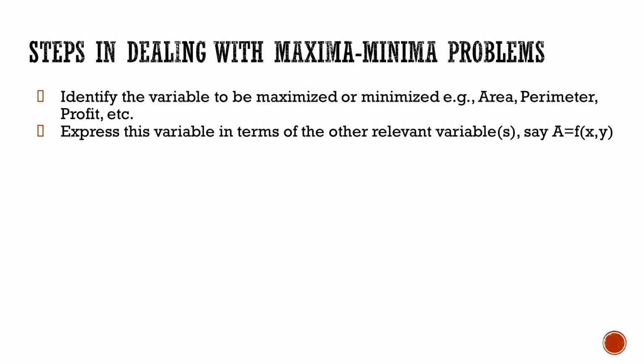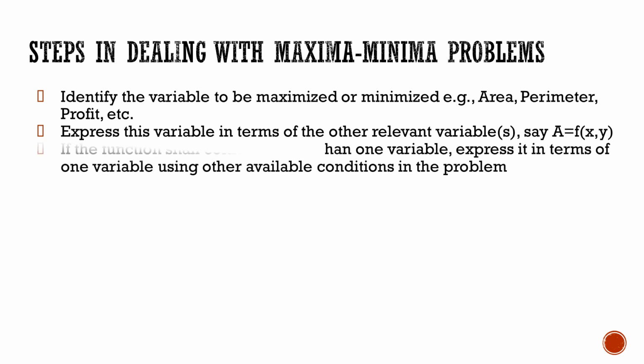So there will be a lot of variables here. But it is suggested that you must have to express the variable to be maximized or to be minimized in terms of a single function. Say, whether we choose x or we choose the function of y.